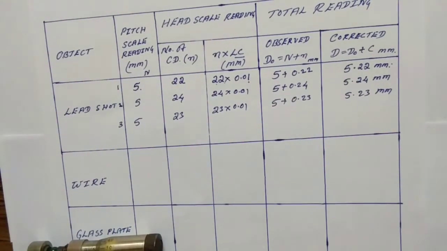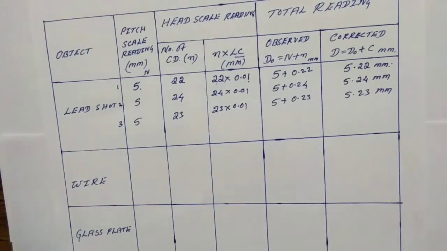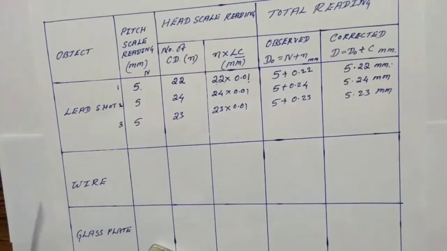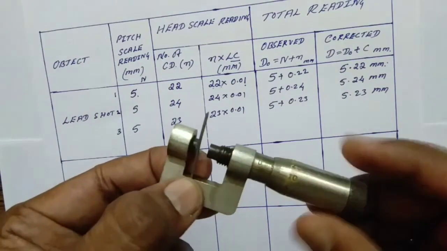I will give you only the readings. Now let us consider a wire. Here we have a wire. I want to find out the diameter of this wire. So just hold it like this and then tighten it.